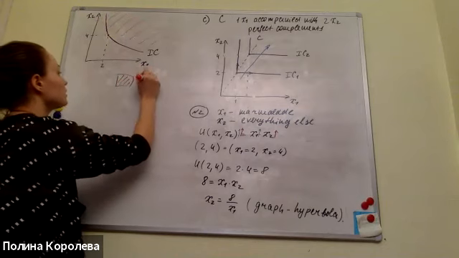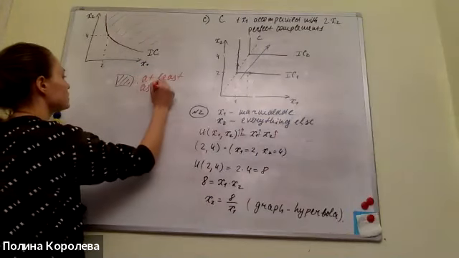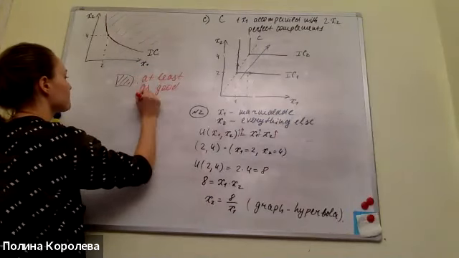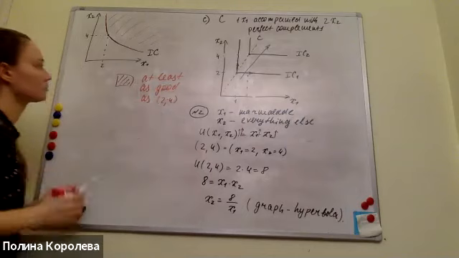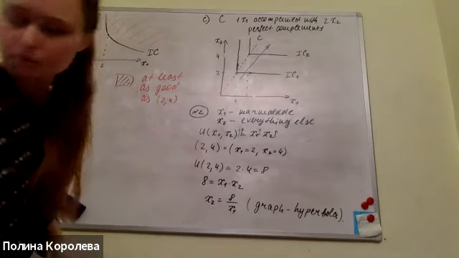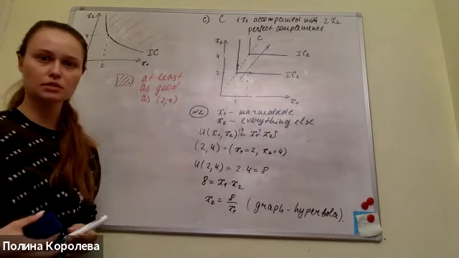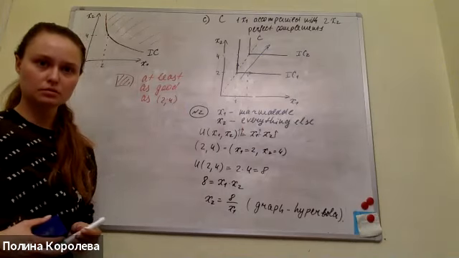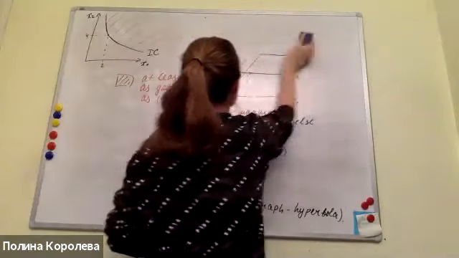So this area is at least as good as 2, 4. That is about number 2. Please ask. Clear? Yes.